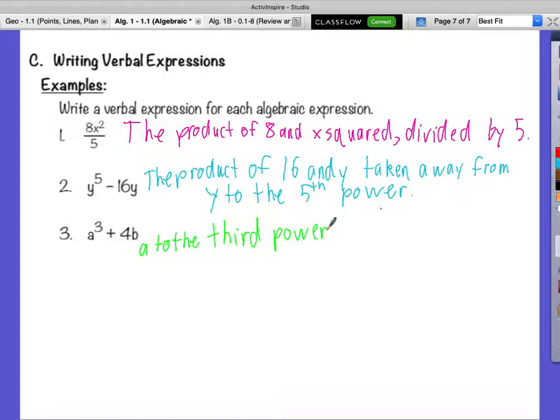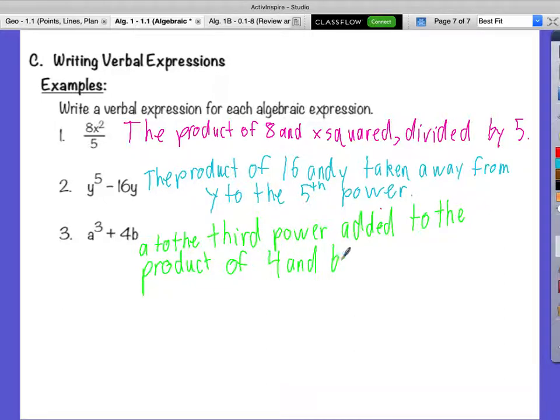Then you said added to the product of 4 and b. Okay, great.